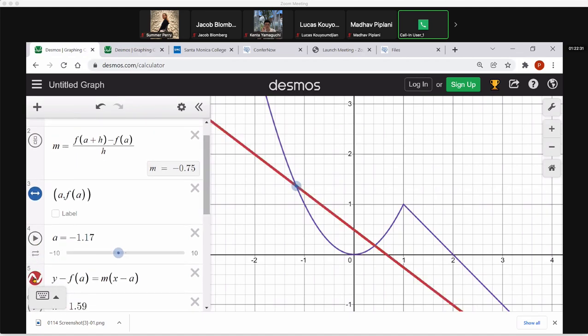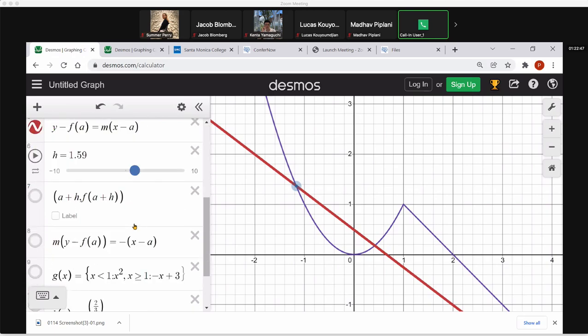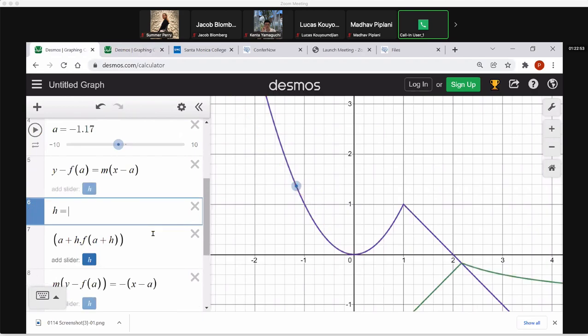That is not the tangent line. What is H? H is minus 7.5 right now. Let me change H to 0.01.